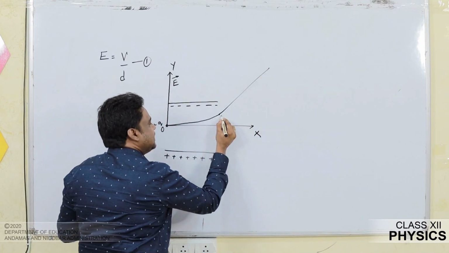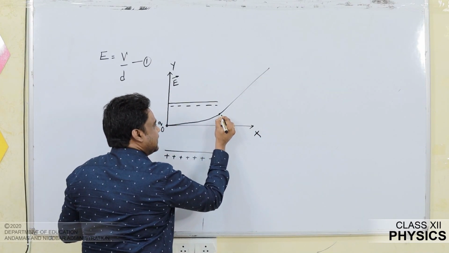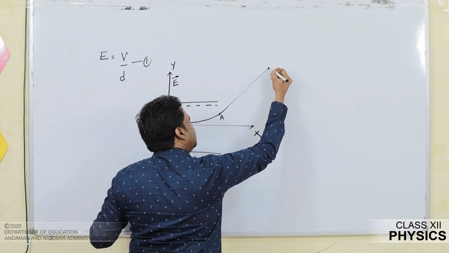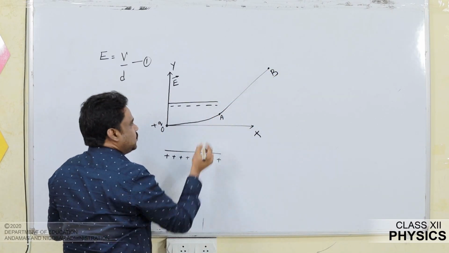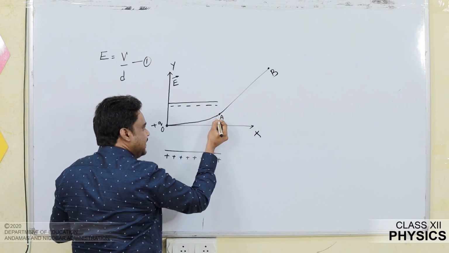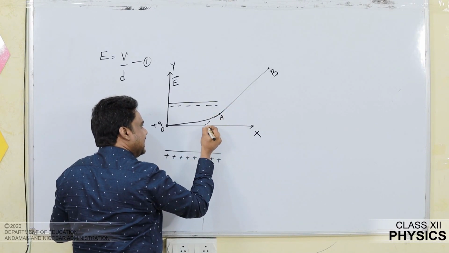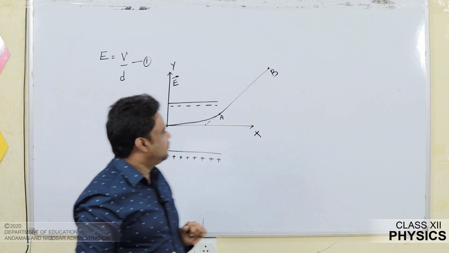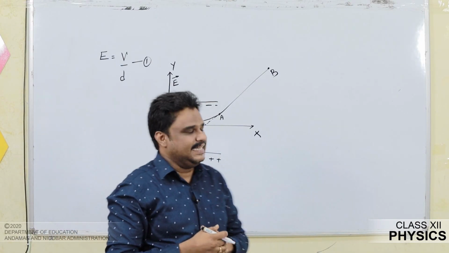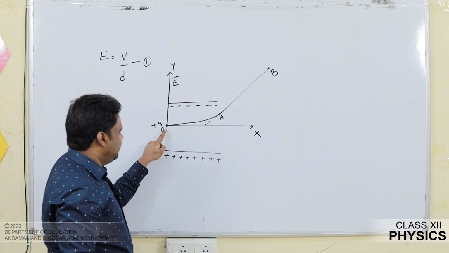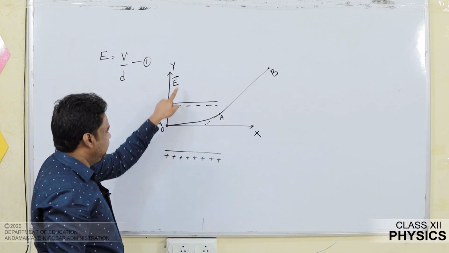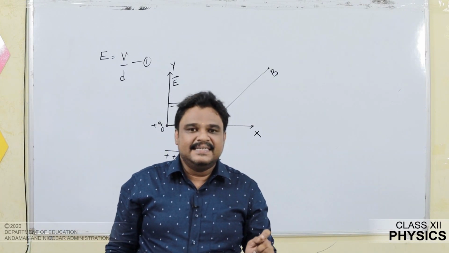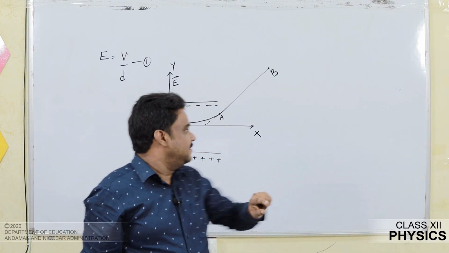Say A is the point till the electric field exists. When the electric field ceases, it once again moves in a straight line, say AB. How does AB look? As if you have drawn a tangent at point A. So when a charge enters the uniform electric field, it does not move in a straight path, rather it travels a curved path along OA.